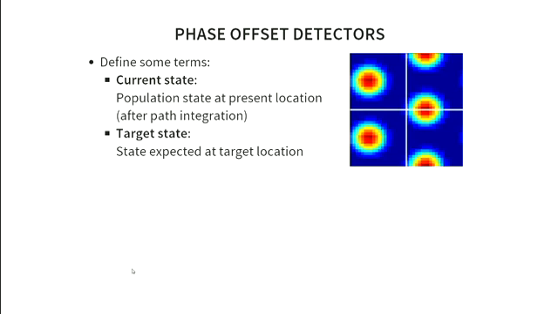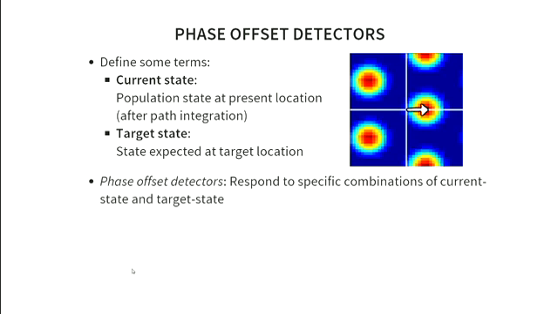And now we've chosen a scenario where the agent is supposed to go back to the starting location. The target state will then be a copy of how the current state looked like at the beginning of the simulation. So in this example here we see that the target state has shifted slightly to the right from the current state. So this means that the agent should move east to get to the target state.